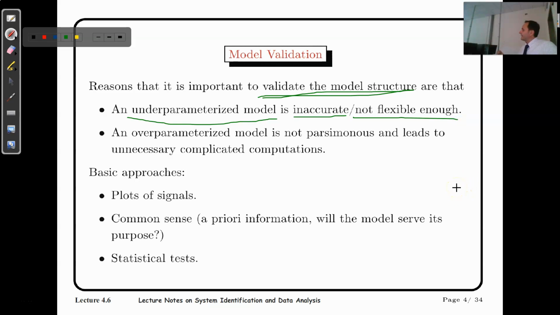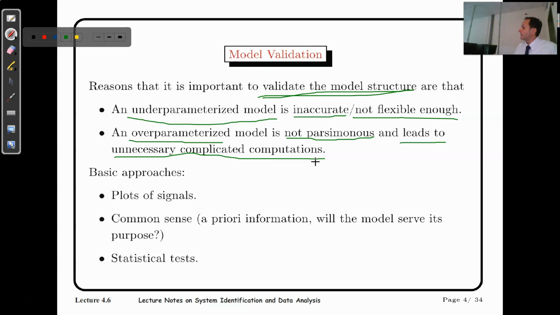On the other hand, you have the opposite problem. An over-parameterized model is too complex, too expensive, not parsimonious, and it leads to unnecessarily complicated computations, because when you increase the order of a model, you are also increasing the time required for estimating it.